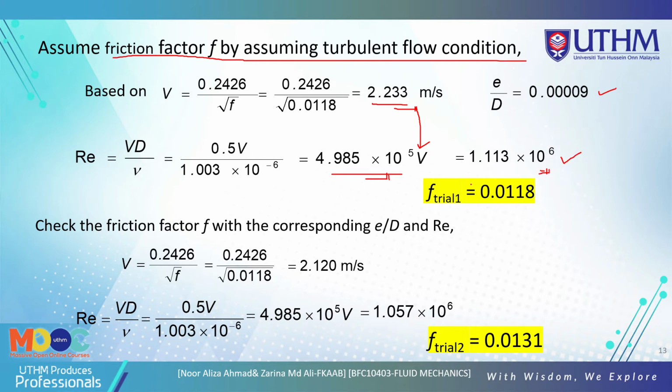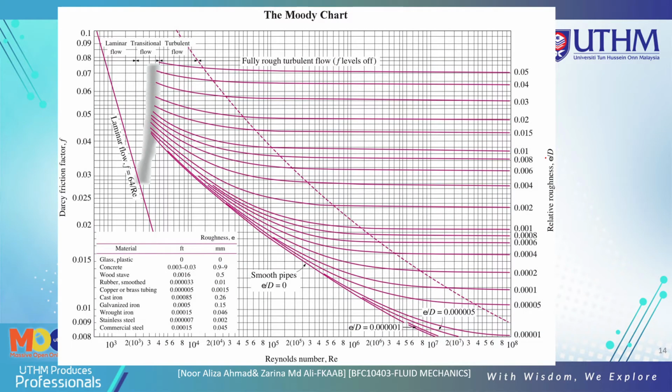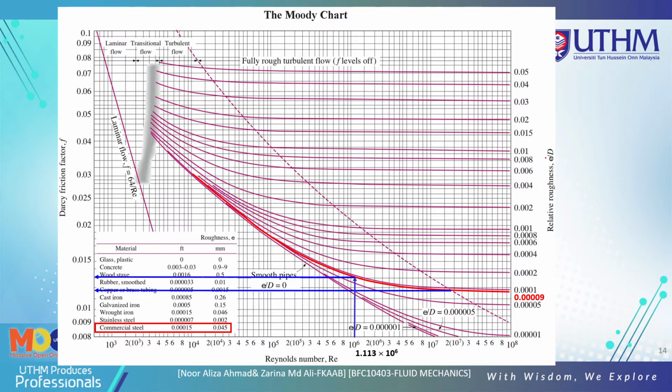Then look back again at the Moody chart, at 0.0009 as the relative roughness. The Reynolds number here is 1.113 times 10 to the power 6.